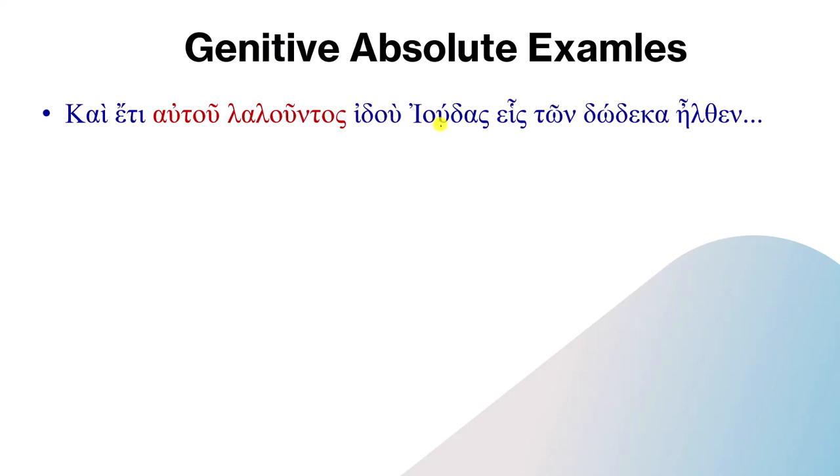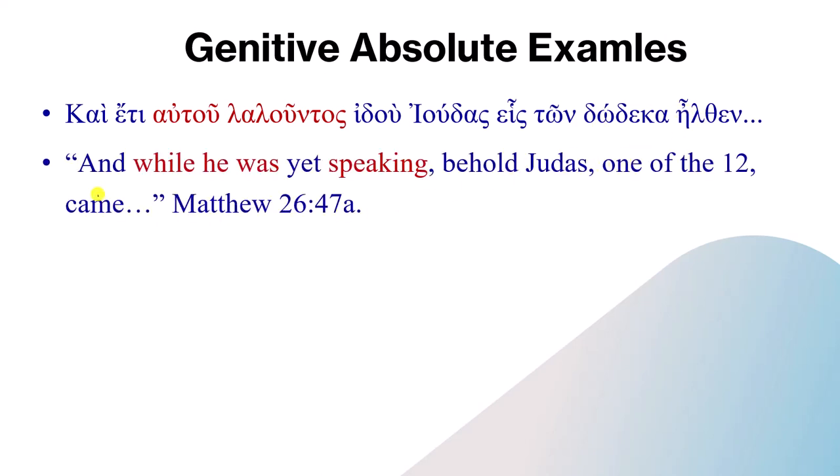And then idou Ioudas, behold Judas, one of the 12, came. So we have, while he was yet speaking, behold Judas, one of the 12, came. And notice that the genitive phrase here is referring to Jesus doing something. And the main verb, ēlthen, refers to Judas. So it's a different subject.